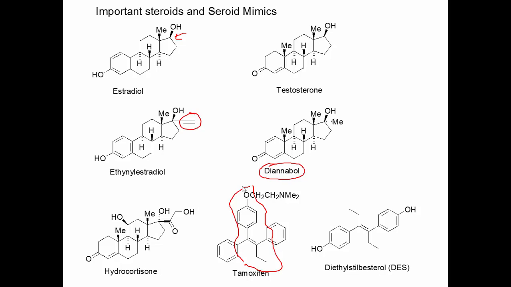Okay, diethylstilbestrol is a molecule that reduces miscarriages, but it has a lot of side effects. It's called DES. It's still used in the agricultural industry, but not in humans anymore.